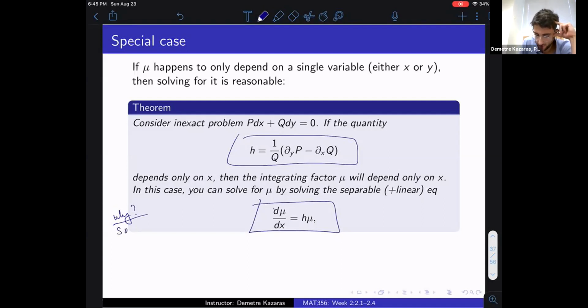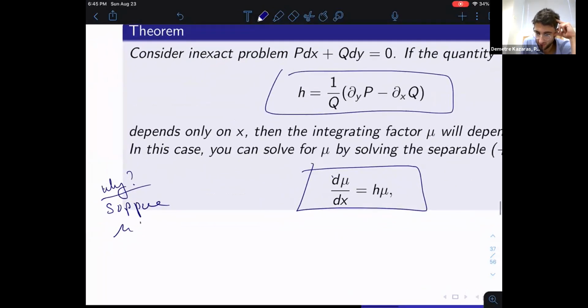Okay, so suppose you have some function mu so that when you multiply the form by it, it becomes exact. So suppose mu times p dx plus mu times q dy is exact. Then, what does that mean?